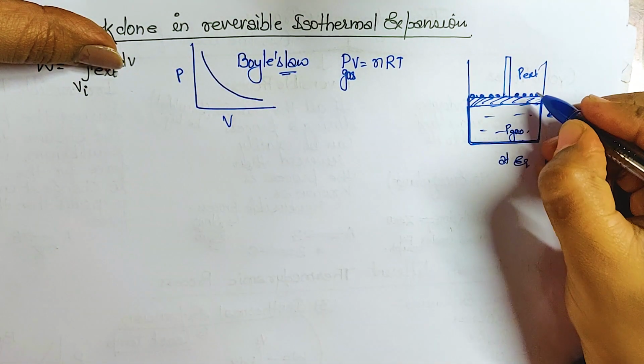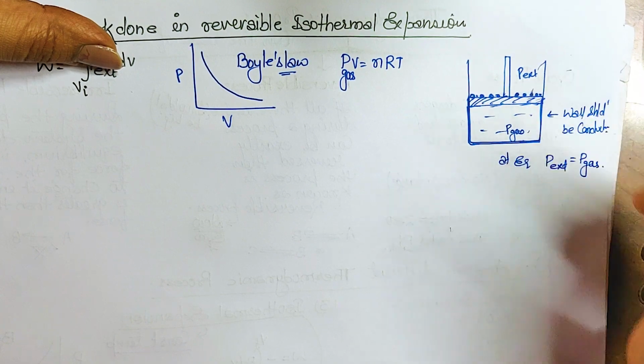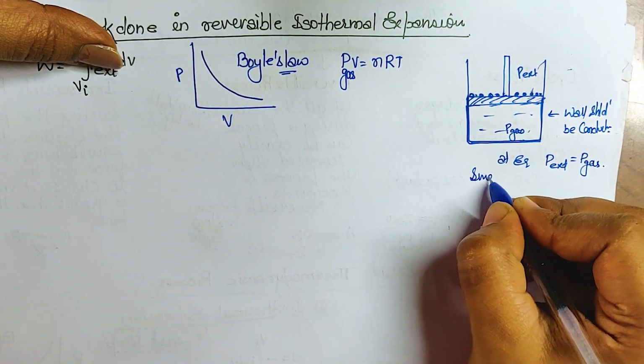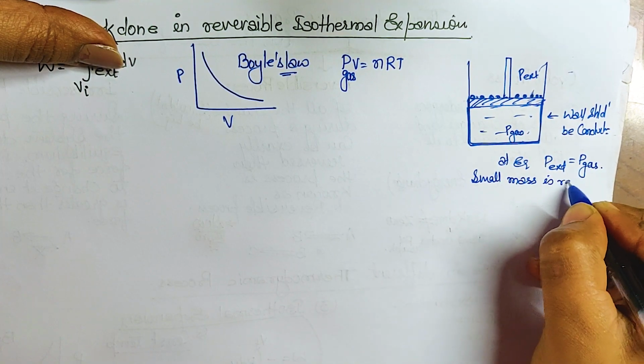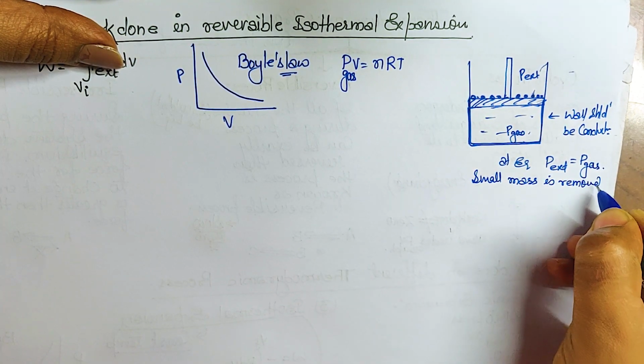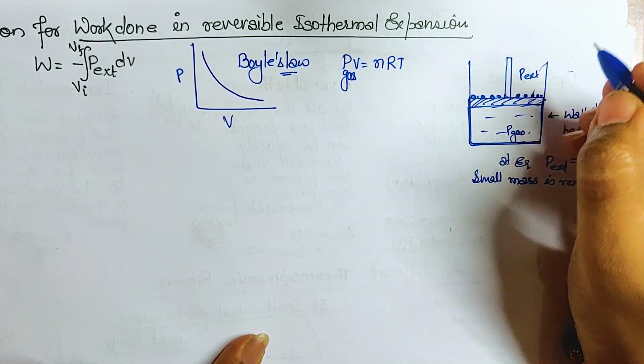So what we will do is remove this small mass. If it is removed, what will happen? Suppose the pressure decreases by dp.